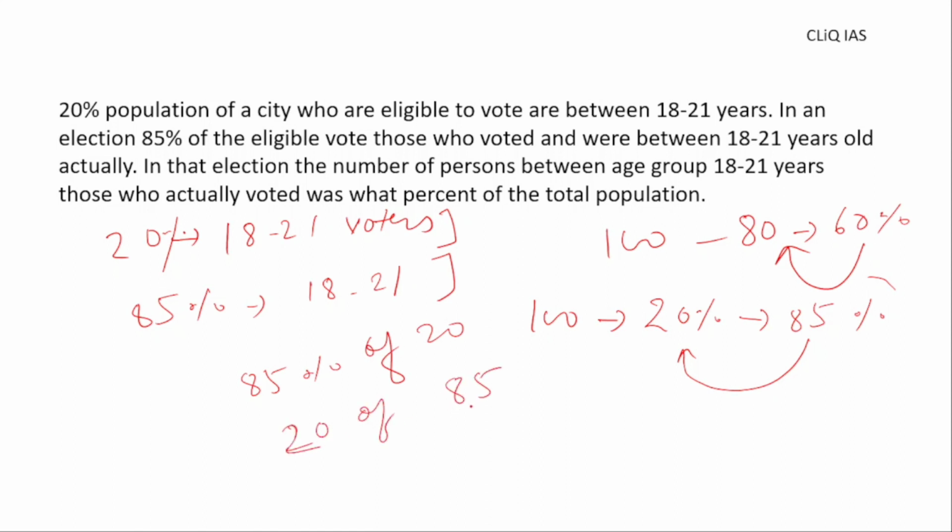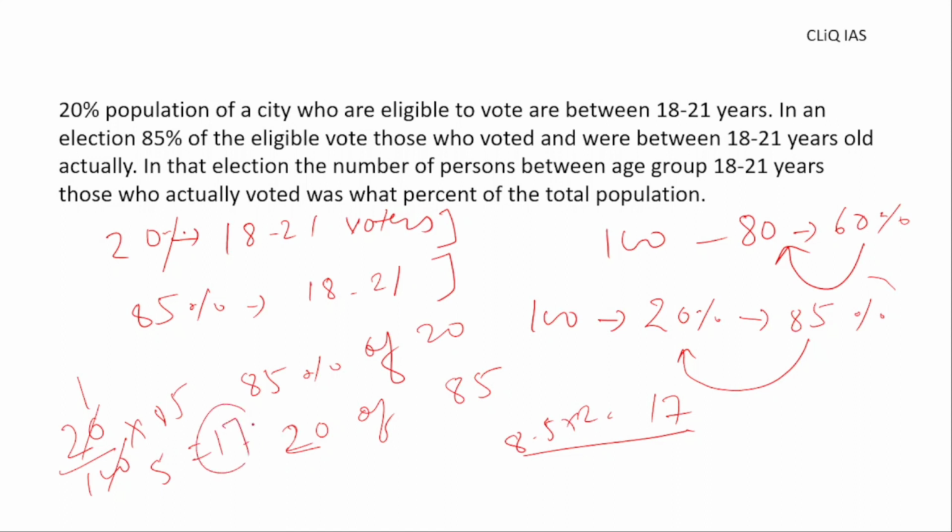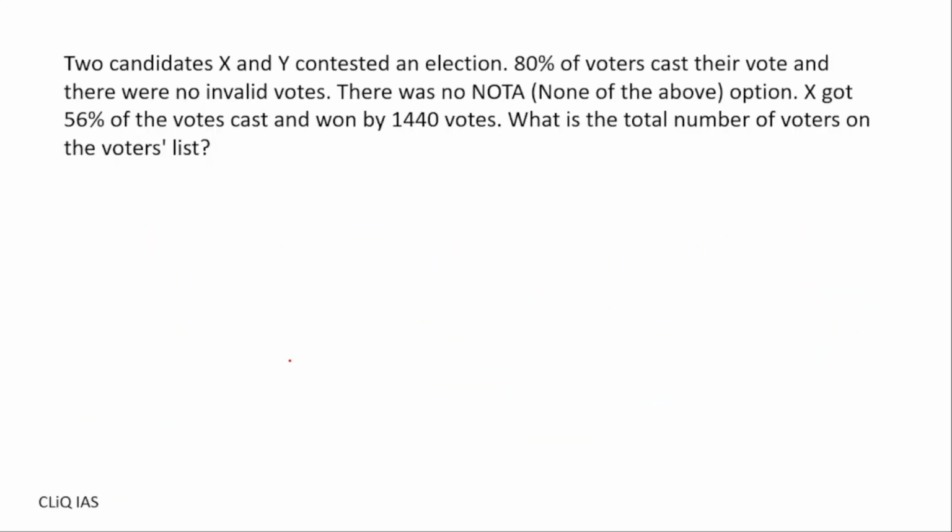For me 20% of 85 is easy, as I'll simply multiply 8.5 into 2, that will give me 17. Or 20% means 20 by 100 of 85, it becomes 85 by 5, equal to 17. So using those methods, it's very easy to solve even such difficult questions.